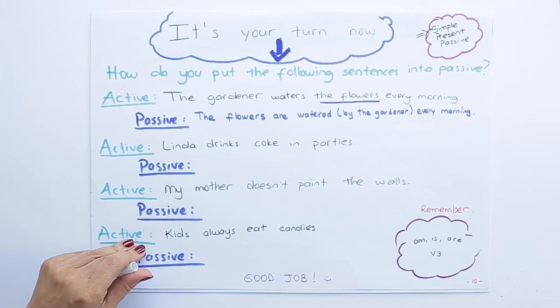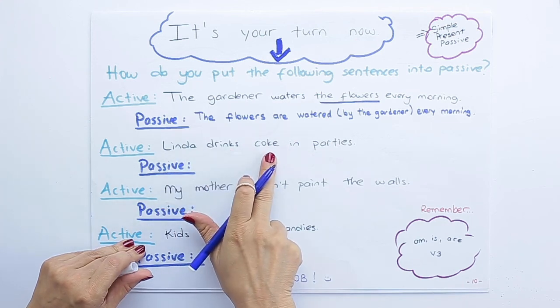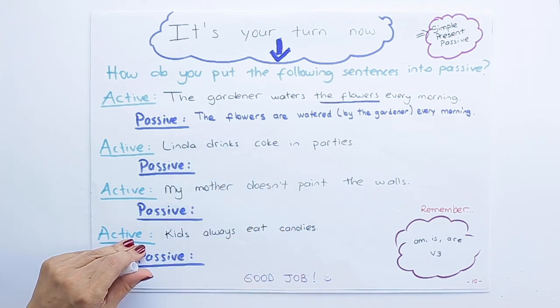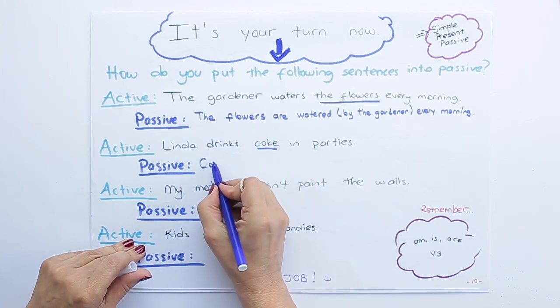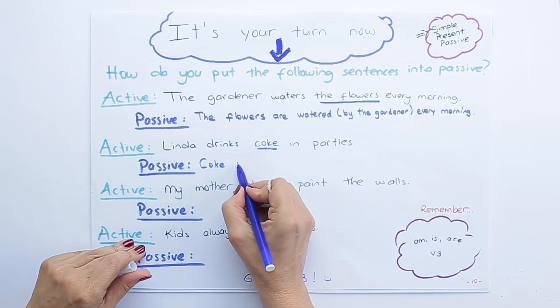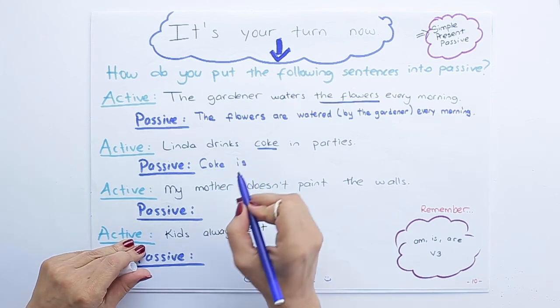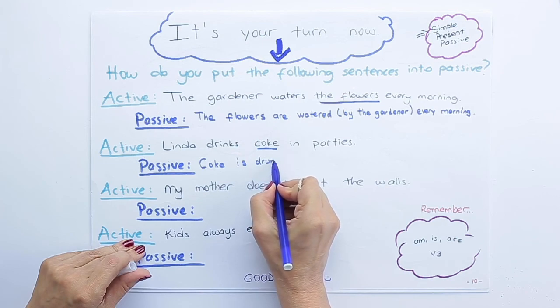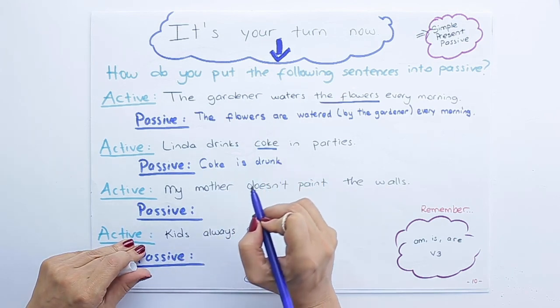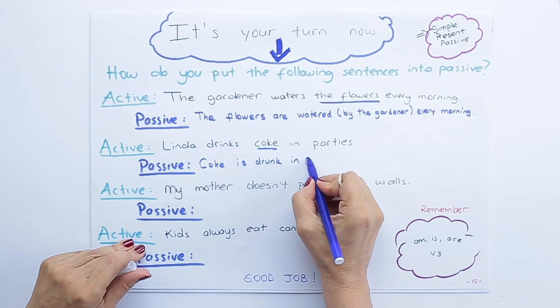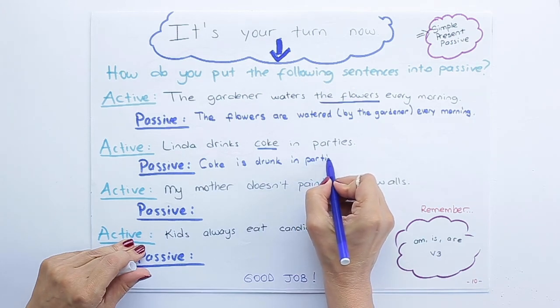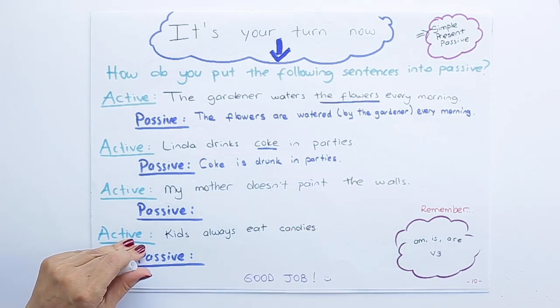Let's look at question 2. Linda drinks Coke in parties. Coke is drunk in parties. Excellent.